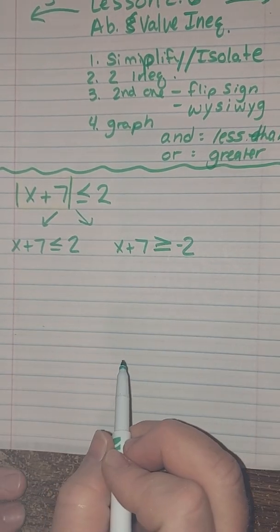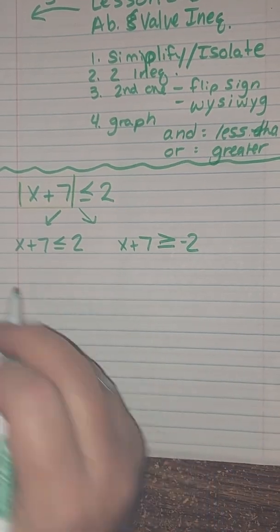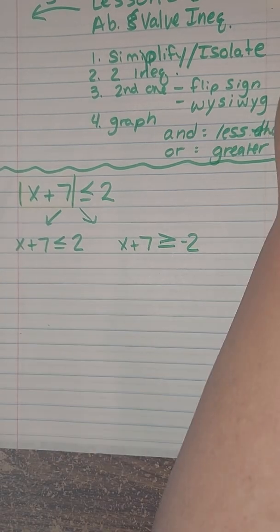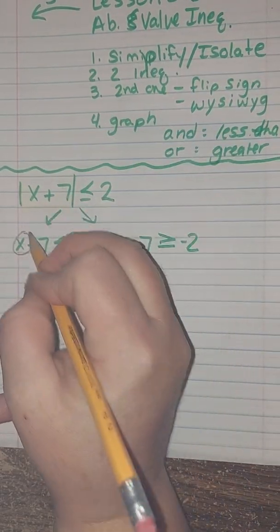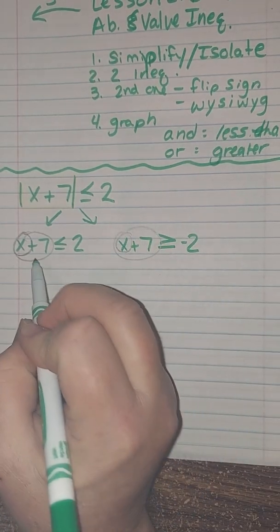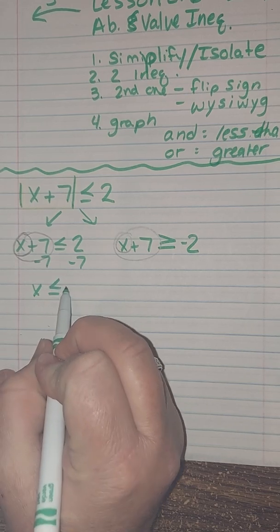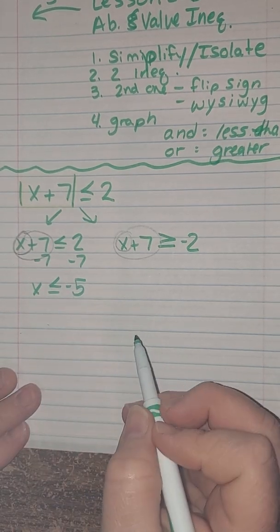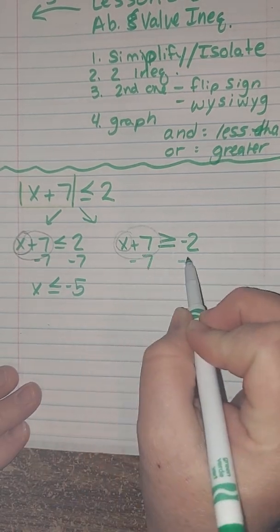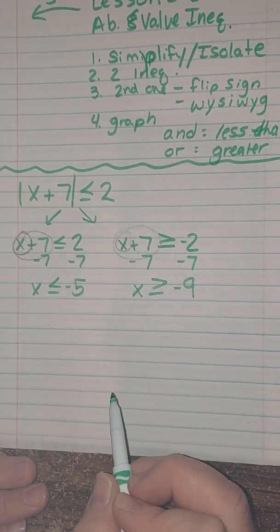I'm going to branch out and solve them separately. So minus 7, x is less than or equal to negative 5. Minus 7, x is greater than or equal to negative 9.